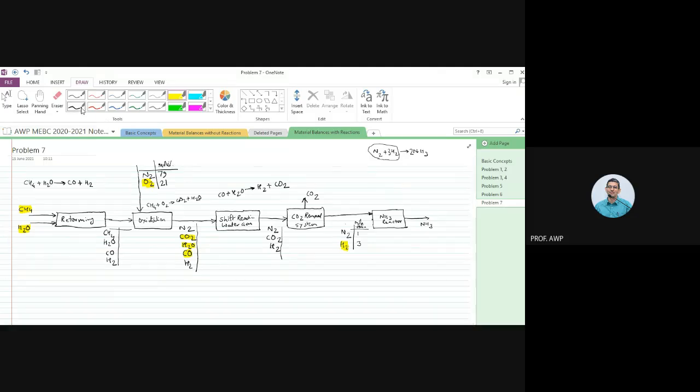So if I divert this stream not to oxidation but to here directly, methane will also come here. Isn't it? Yeah. I don't want that methane because I don't want methane remaining here. Material balance. Do you agree? Yes, sir.